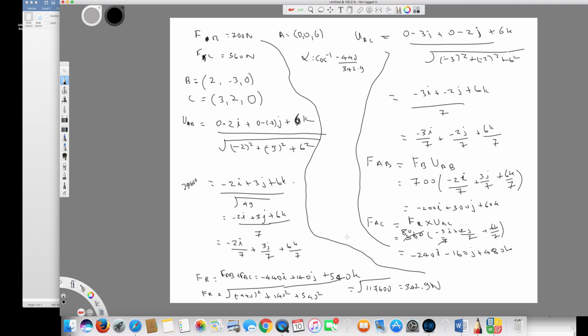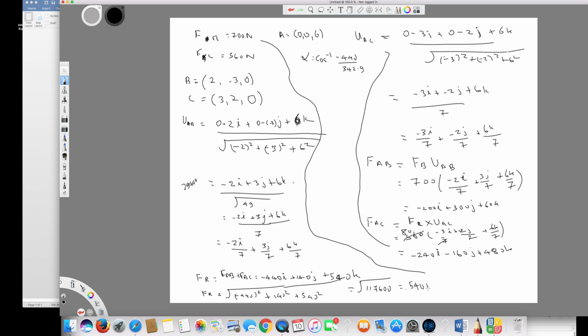So the answer is 540 Newton. So the resultant force is 540 Newton. That's the mistake we made here. So we have to be careful.